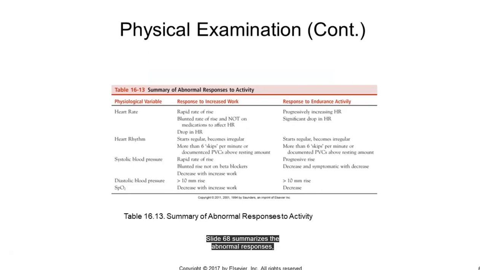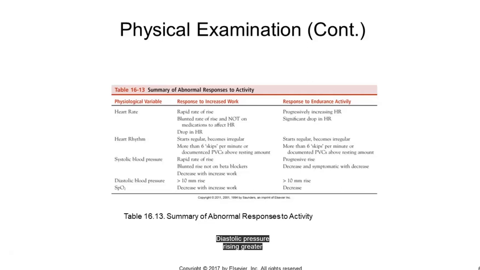Slide 68 summarizes the abnormal responses: a rapid increase of heart rate or a blunted rate of rise and not on medications that affect heart rate in response to increased activity, or a progressively increasing heart rate or significant drop in heart rate in response to endurance activity, a regular heart rhythm that becomes irregular or more than 6 skips per minute or documented PVCs above resting amount for either increased activity or endurance activity, or systolic pressure rapidly rising or blunting and not on beta blockers or symptomatic responses.